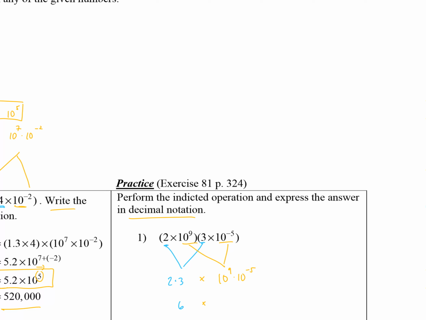The property says you just add the powers. 9 plus negative 5 is 4. That's 6 times 10 to the 4th. That means you're going to move the decimal to the right 4 times. So 6 has a decimal right there. 1, 2, 3, 4. So we're going to add those zeros. So the answer is 60,000.